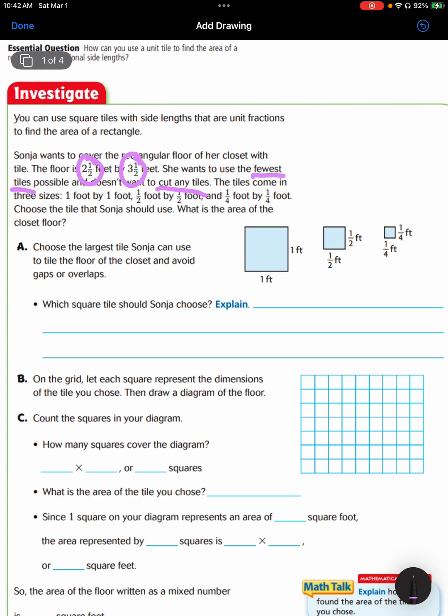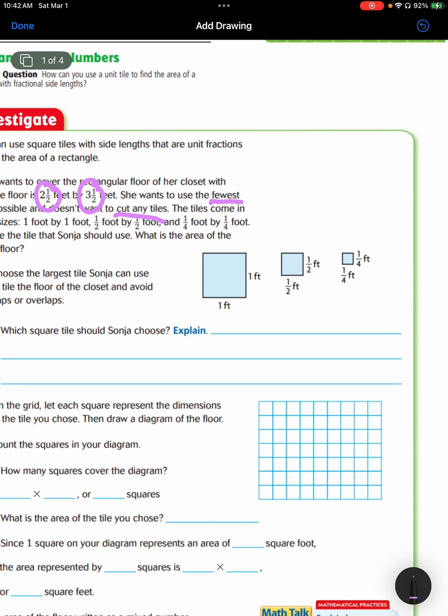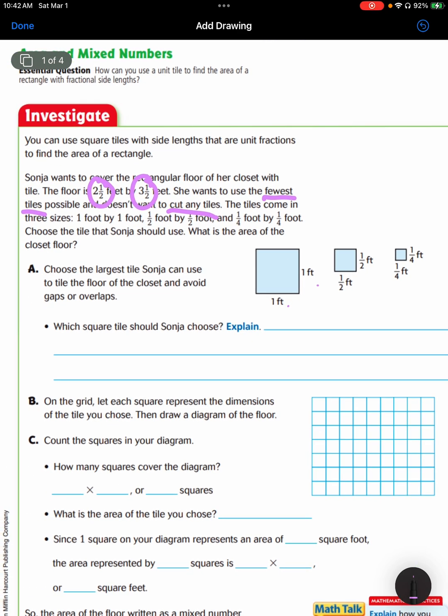which square tile should Sonia use? If we look, we could use the 1 by 1 foot tiles, but we're working with halves here. So at some point, she will have to cut this tile in some way, shape, or form. So using the 1 foot by 1 foot tiles isn't the best option.